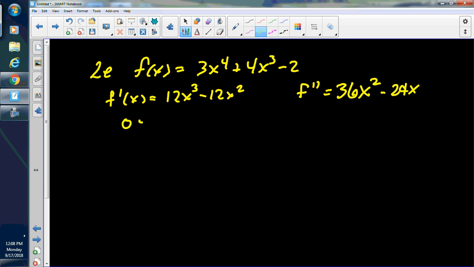Now we set our first derivative equal to 0. We can factor out a common 12x squared. It's going to give us x minus 1. So our values here to examine are x equals 0 and x equals 1.